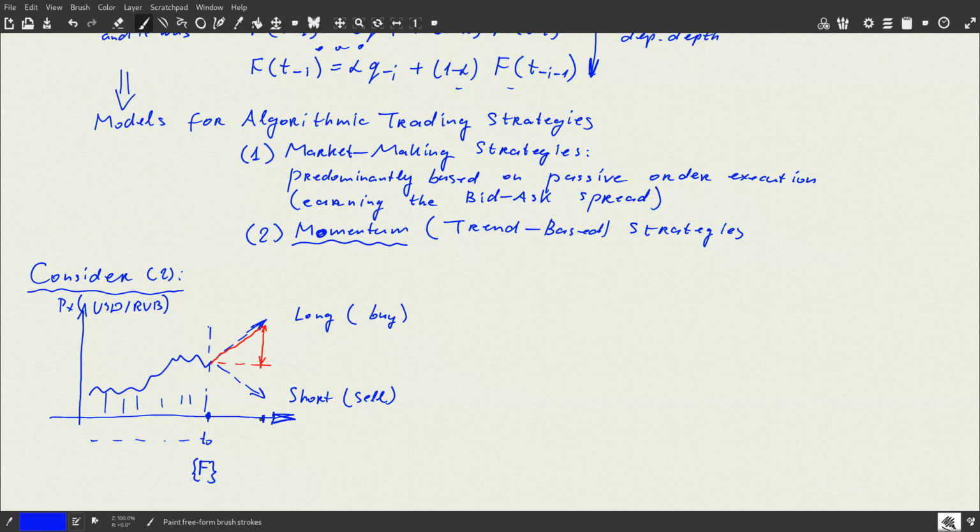So that's your time horizon. If you predicted the trend correctly, you buy your contract here, you sell it at a higher price, or you short sell it. I think I have mentioned what it means. Short sell means you sell it, but you don't have it at the moment. You sell something which you don't have.